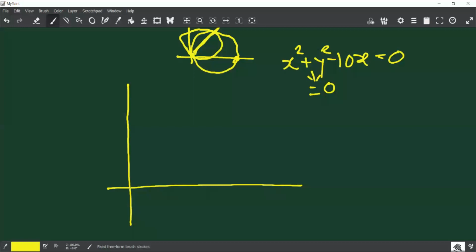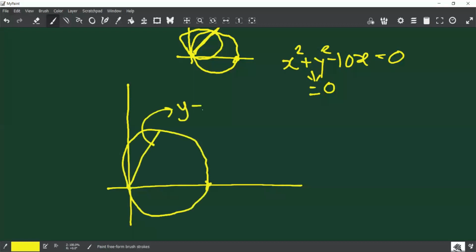Matlab the circle is passing through (0, 0) and (10, 0). The circle goes like this. Are you getting it? Now this is the chord of the circle, which is y is equal to 2x, whose equation is y is equal to 2x. Ayush, are you not able to hear me, beta?